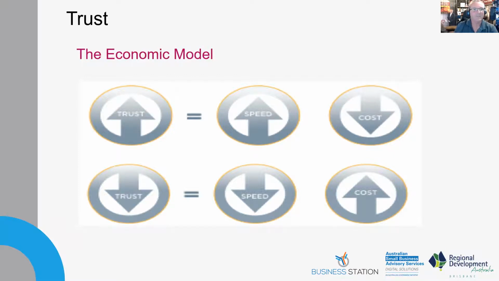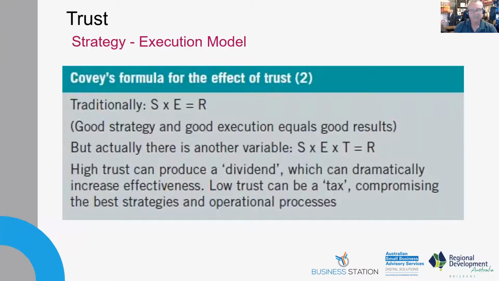So when we work in an area of high trust, we have high speed and low cost. And that's the economic model that we get right. If we get it right, we'll actually improve and increase our business growth. This is Stephen Covey's formula. It's certainly not mine. Usually what you see is good strategy, good execution. So the S stands for strategy, the E stands for execution. Good strategy, good execution equals good results, right?